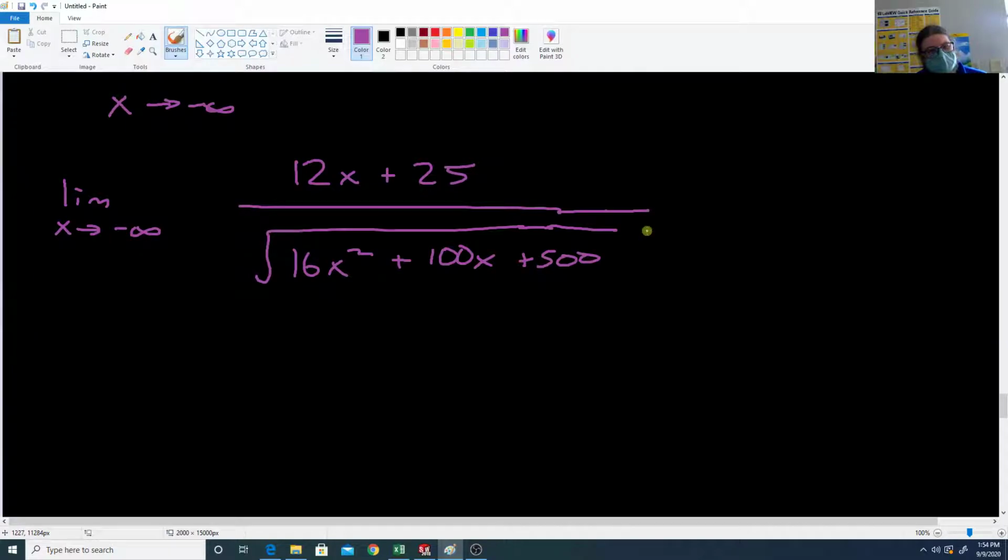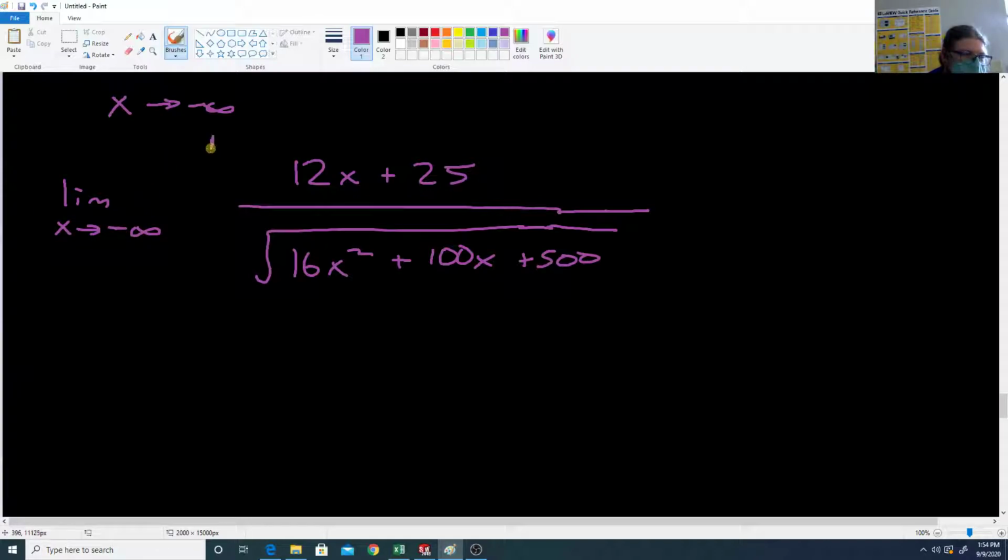Now, I need to be a little careful with what I do in this case. When I bring this in, I want to still be able to combine it the same way as I did before. But there's an issue here. x is heading towards negative infinity, which means the x's that we're using are negative.